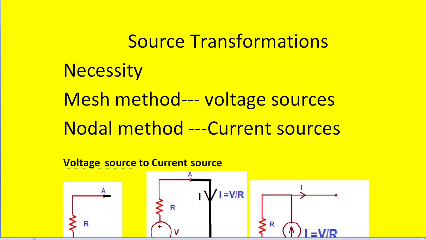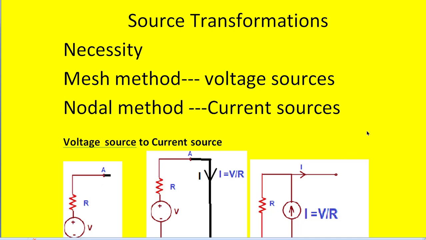We have also seen the symbols for the voltage source and the current source, and how to convert a voltage source to a current source and vice versa. We also saw problems where, when voltage sources are given, we can convert them to current sources, and similarly, if current sources are given, we can convert them into voltage sources.